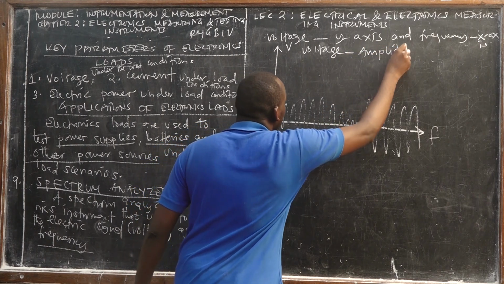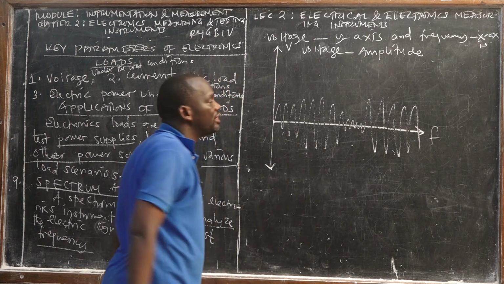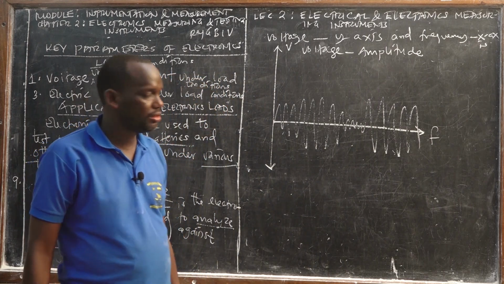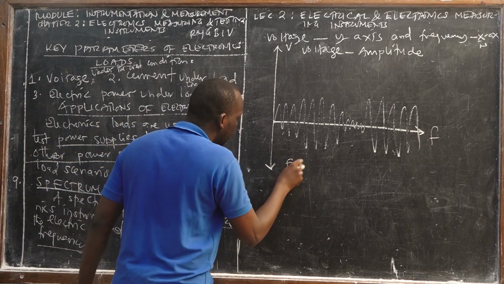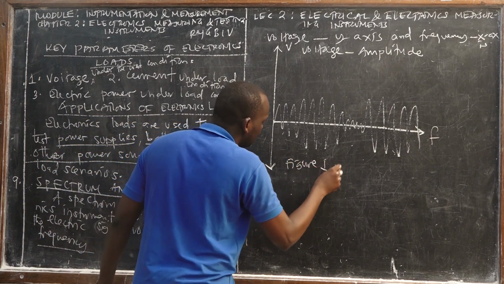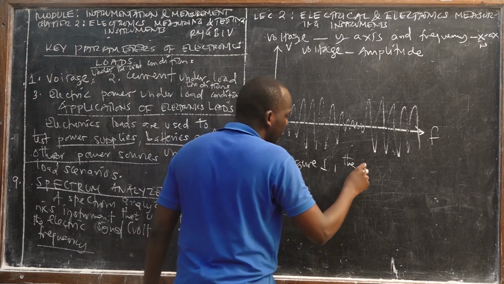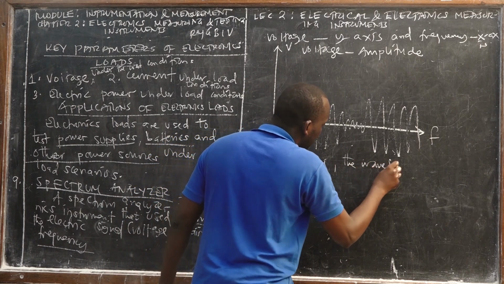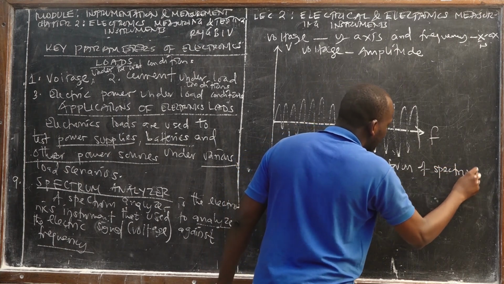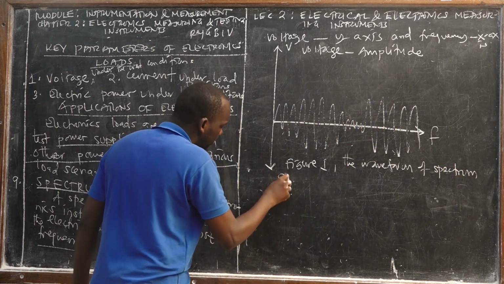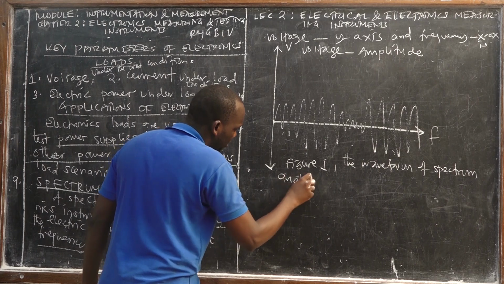Say amplitude. Even in oscilloscope you're using amplitude. You have to set the amplitude of the oscilloscope. So this is figure 1, the waveform of spectrum analyzer.